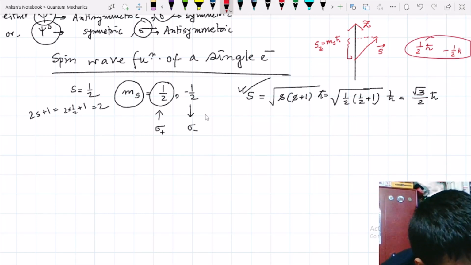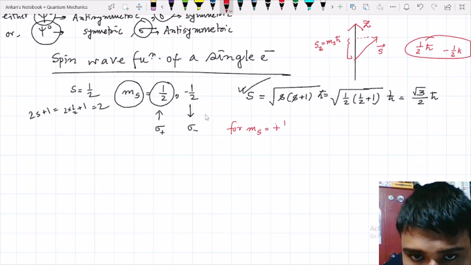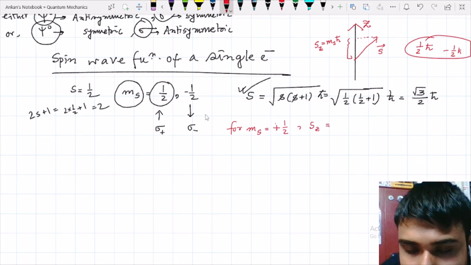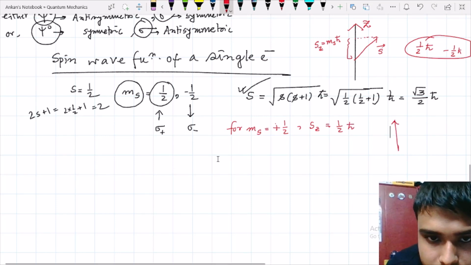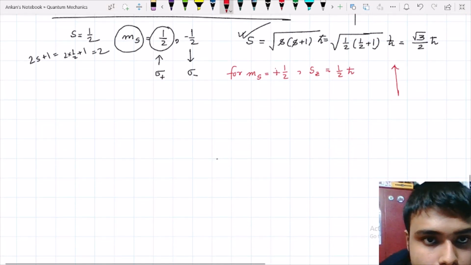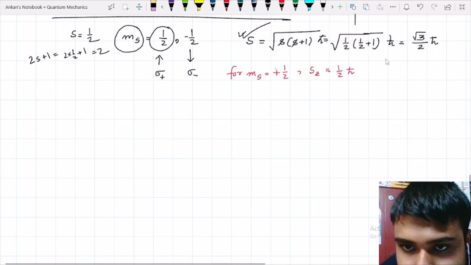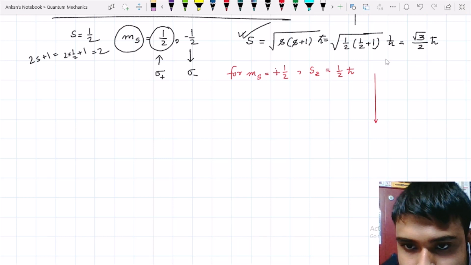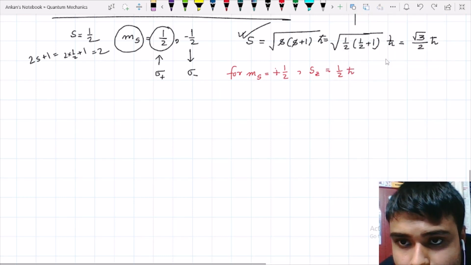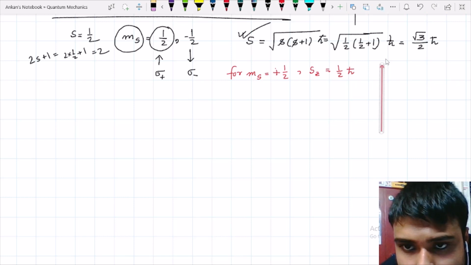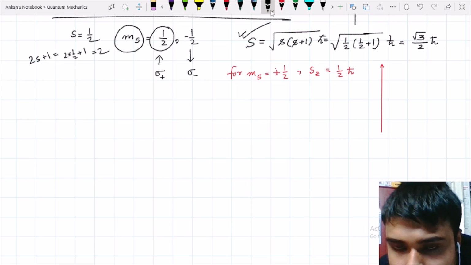Now for ms equal to plus half, Sz will be half h bar.